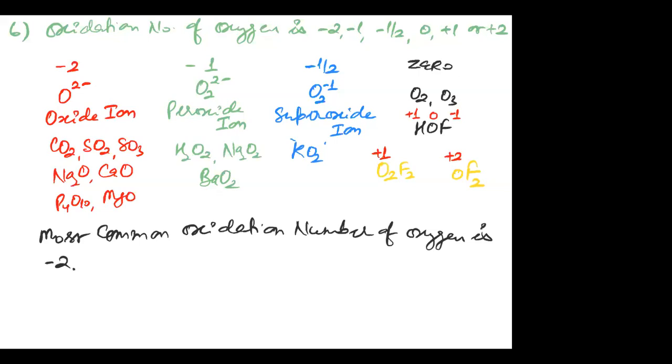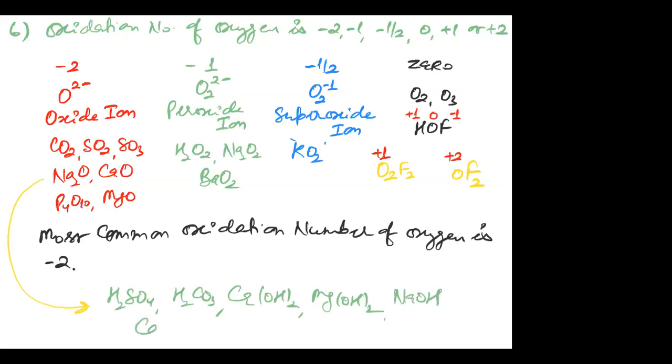I'm repeating again, through these oxides we have formation of corresponding acids, say H2SO4 or H2CO3, and bases, say calcium hydroxide, magnesium hydroxide, or NaOH. Corresponding salts may be CaSO4, Na2CO3, and magnesium phosphate, whose formula is Mg3(PO4)2.